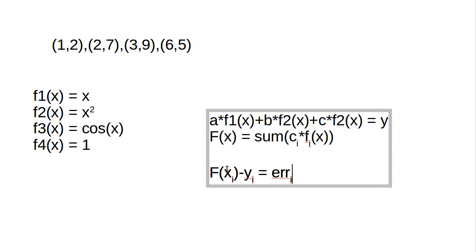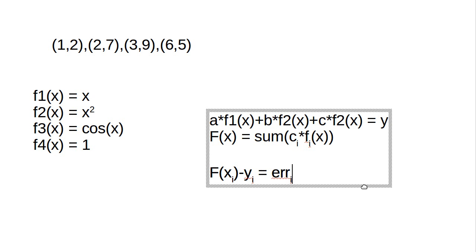And the question is, well, how do we do this? Well, this f function here is a sum over a whole bunch of terms, and we have a whole bunch of different x, y combinations here.